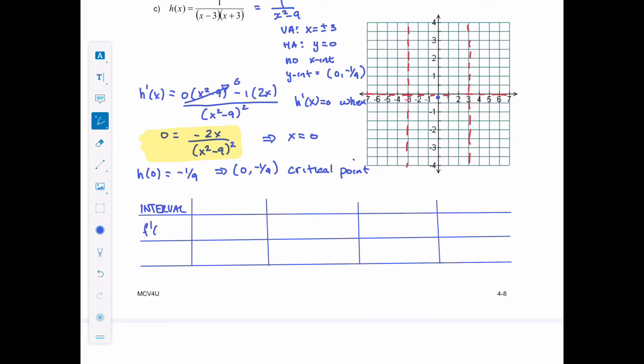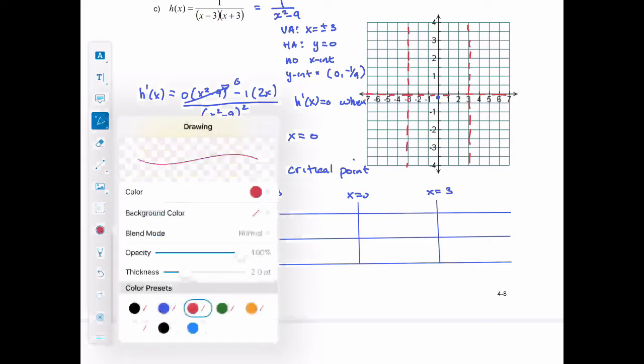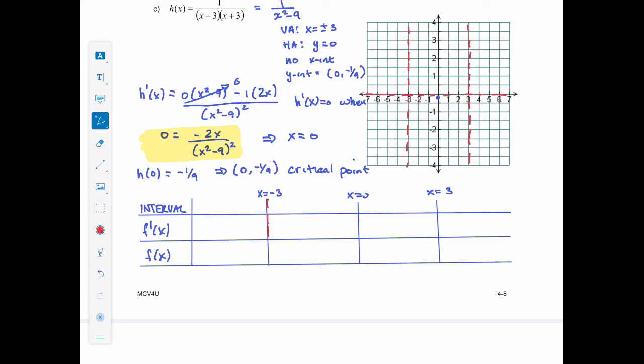This will be f prime of x. This will be f of x. This one's going to be x equals, the lowest one is -3 for our vertical asymptote. X equals 0, x equals 3, our second vertical asymptote. If you want a better visual, you can put a dash so we know that those are asymptotes, not critical points.